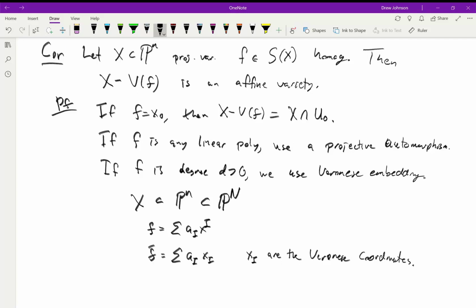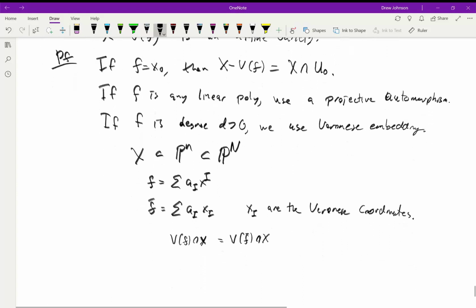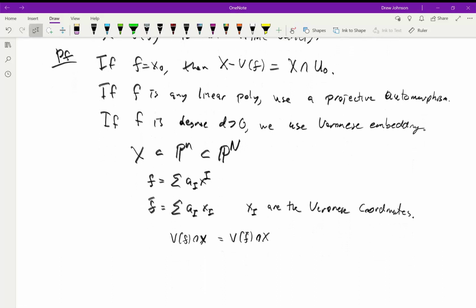Right, so each x subscript I is now just one single variable, but it corresponded to a monomial of higher degree. So the point here is that V of f intersect X is the same as V of f bar intersect X under these inclusions up here. All right, so I think that's all for today, and that's the end of this chapter.